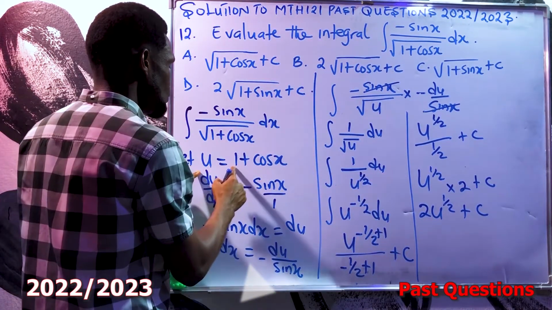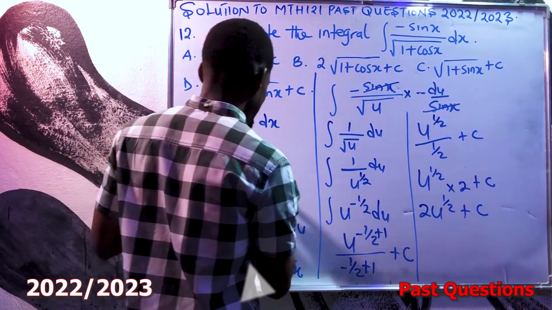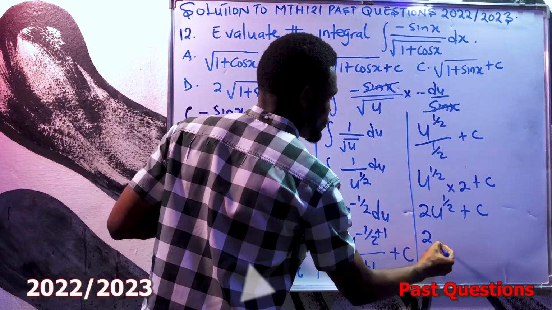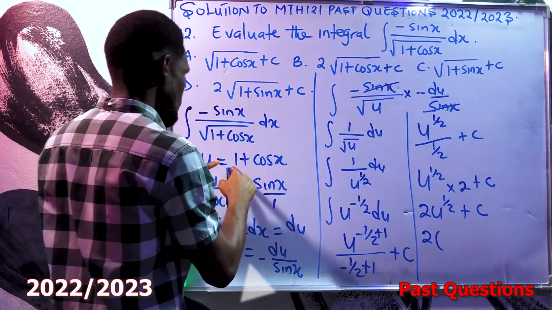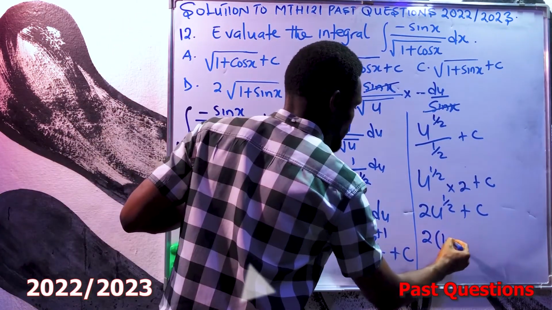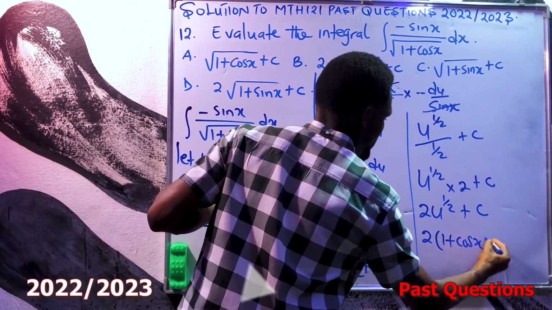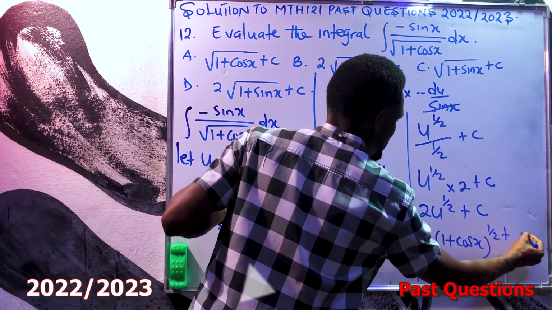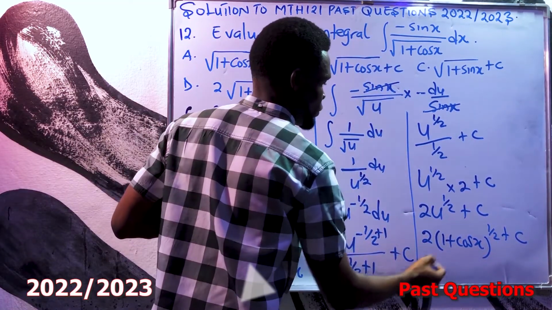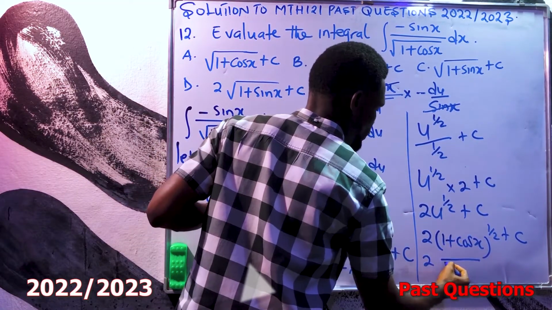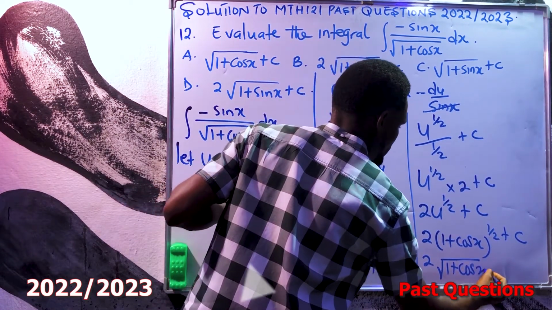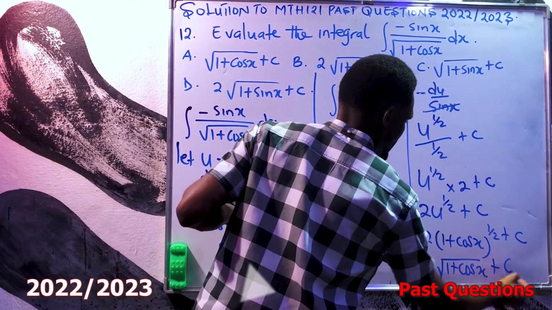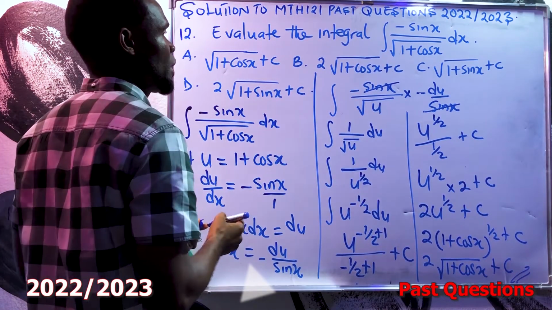Don't forget, u is 1 plus cos x. So bring it back here. So you have 2 into, what is u? 1 plus cos x. So you have 1 plus cos x raised to power 1 over 2, plus c. And 1 over 2 means square root. So you change it back to 2 times the square root of 1 plus cos x, plus c. And that gives you the final answer.